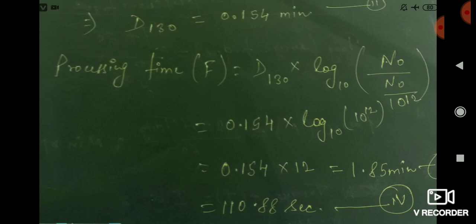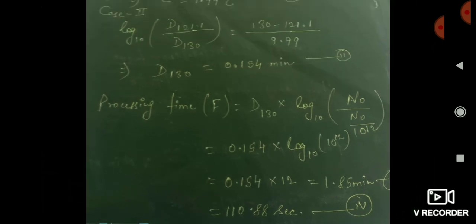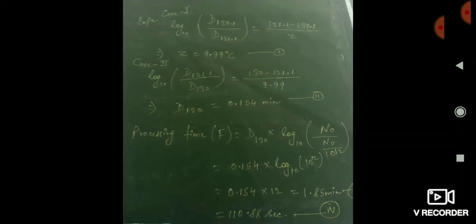One time reduction is 1 by 10, so 12 times reduction is 1 by 10 to the power 12. So N0 divided by 10 to the power 12. So log base 10, 10 to the power 12, the 10s cancel out. So 12 into D130, that is 110.88 seconds. You see the solution very carefully. You will be able to understand everything.